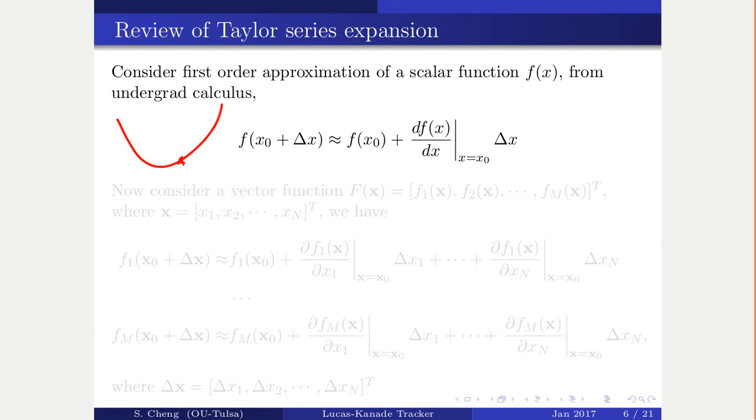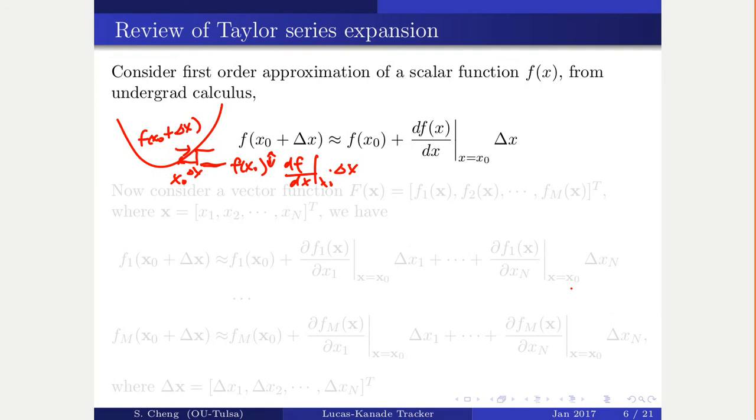If this is x_0, and this is delta x here, then at this level here is f(x_0), right? And this level is f(x_0 + delta x). So therefore, this difference here is approximately df/dx at x_0 multiplied by delta x. So it's just simple calculus.